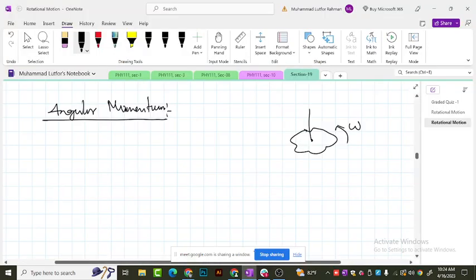Alright, so this is rotating about this axis, and let's say there is a point mass over here which is also rotating.